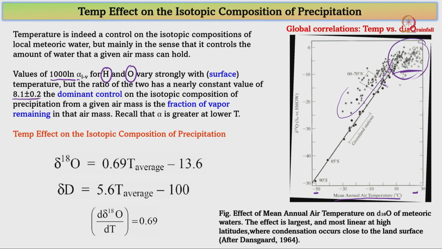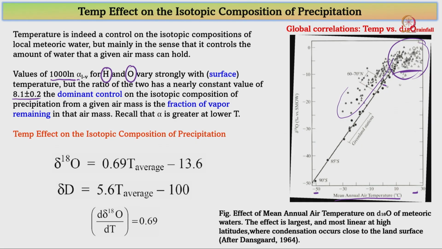Now, from a lot of data, as I have shown a couple of lectures back, we have many hundreds of locations under the GNIP program that is monitored by the International Atomic Energy Agency, and they routinely do these checks and have a huge data set.